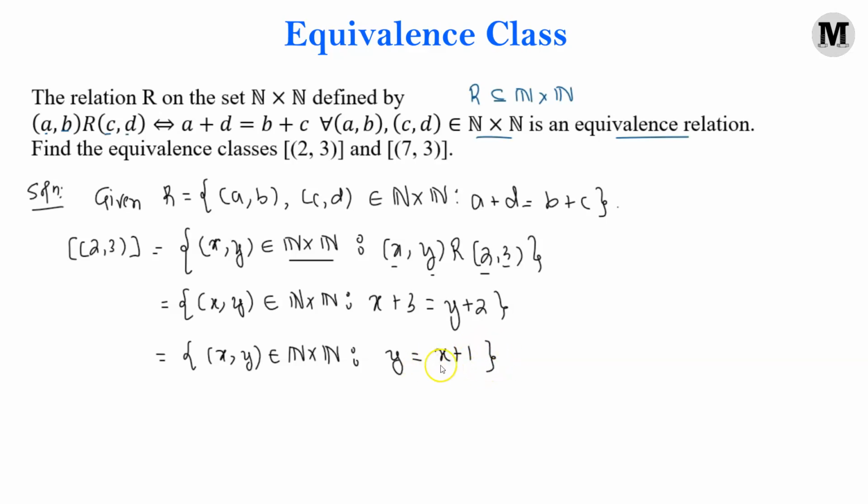Fine. So here we have an equation y = x + 1. This is how x and y are related.